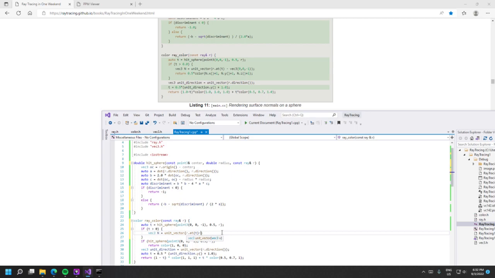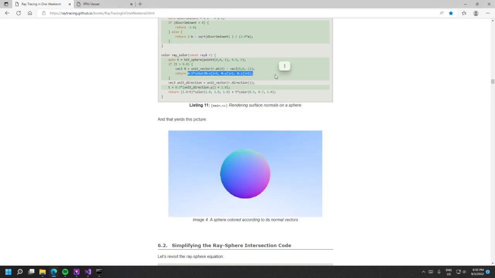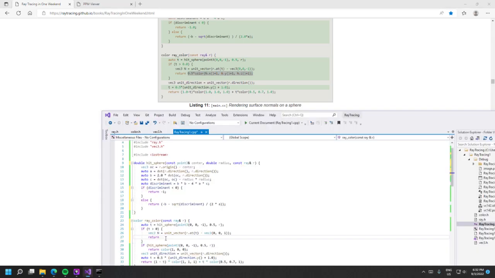At t minus... this is basically the way you calculate a vector when you have all the information about the vector. And we can return the... I just don't want to type the formula at all. Let me copy and paste this. 0.5 times... Why does it?